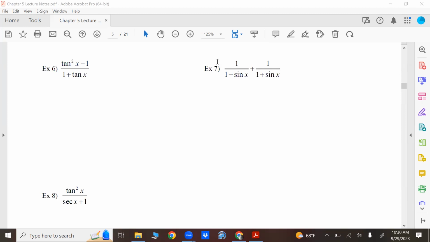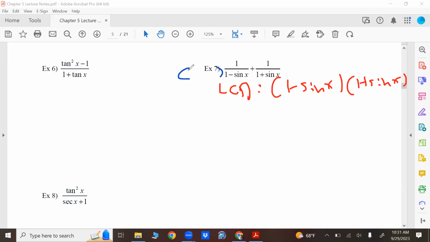So let's do 7. So what's the LCD here, guys? 1 minus sine squared. Yeah, totally right. So you gotta multiply top and bottom by what it's missing. So you gotta do 1 plus sine x to both top and bottom of the first fraction.